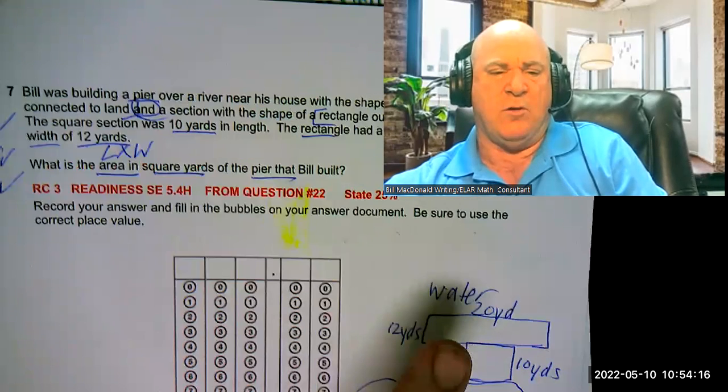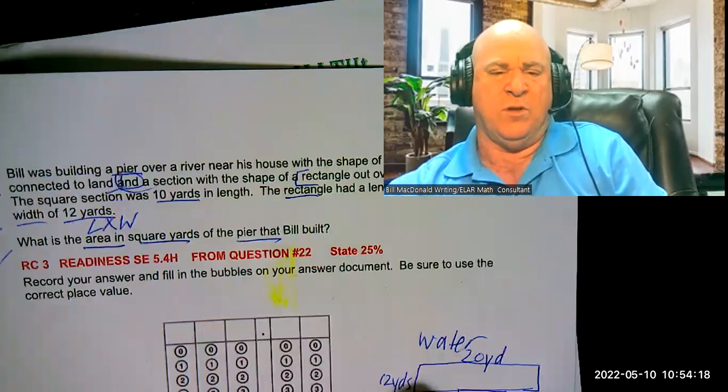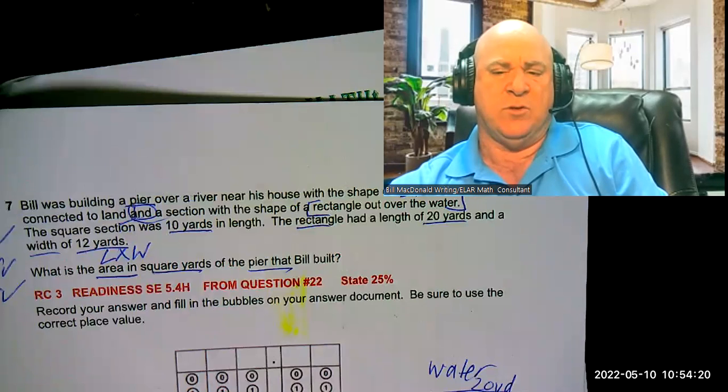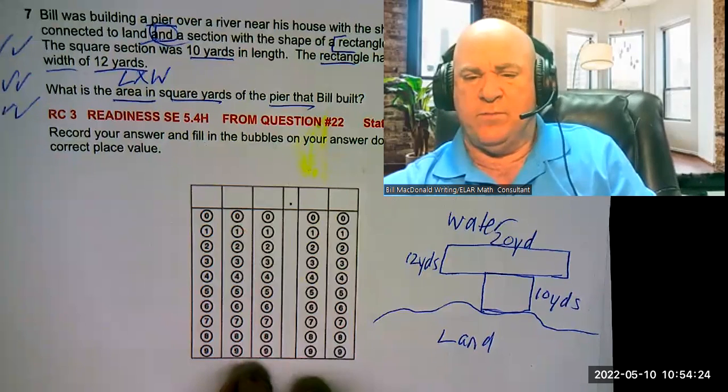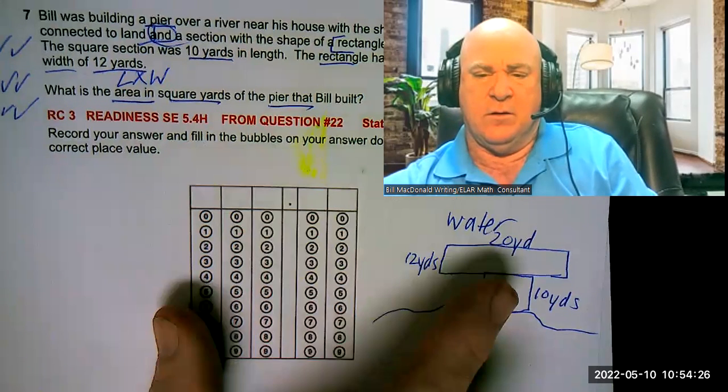The square section was 10 yards in length. So I went ahead and wrote 10 yards on one side of the square.